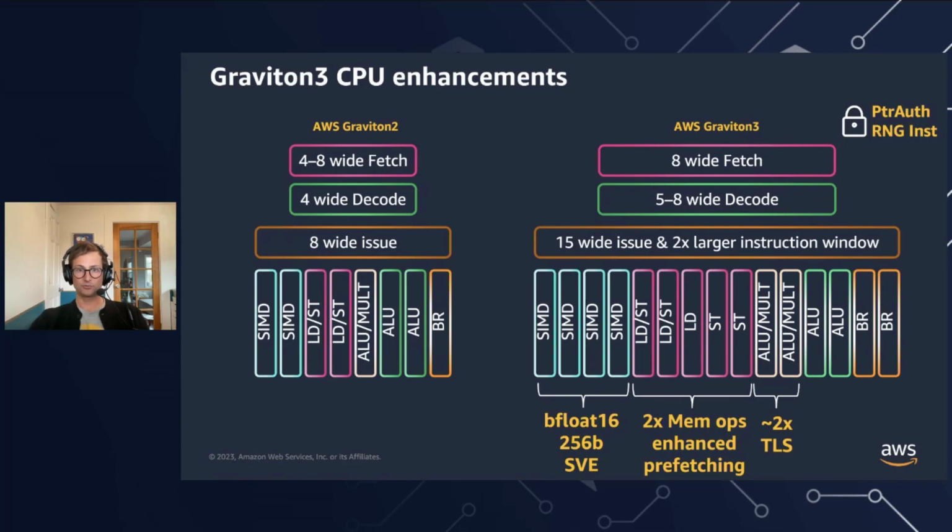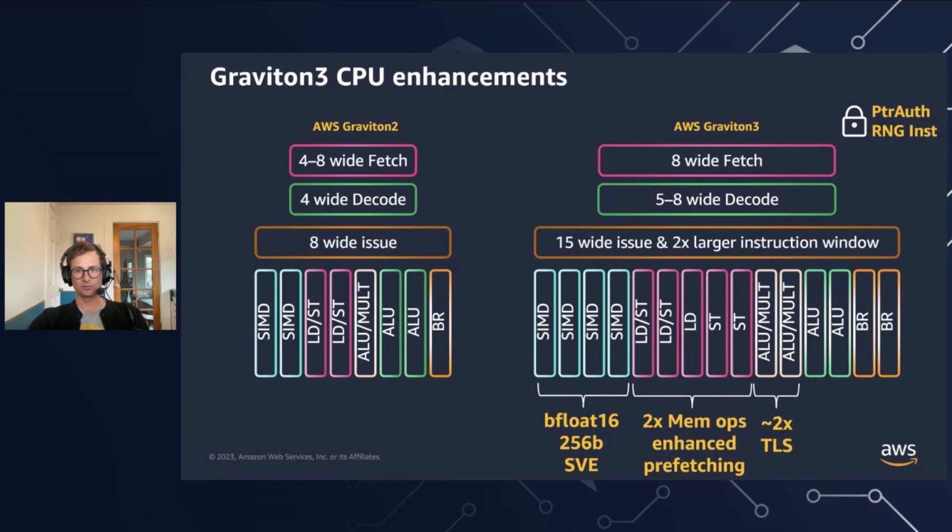We've also improved the memory subsystem on Graviton 3 with more units to do loads and stores, improving the memory performance. We've doubled the number of multiplication units, which used to be a bottleneck for RSA signature on Graviton 2. So that has been vastly improved on Graviton 3.